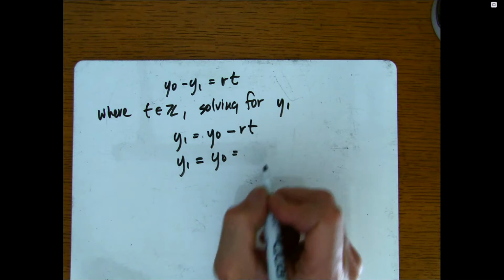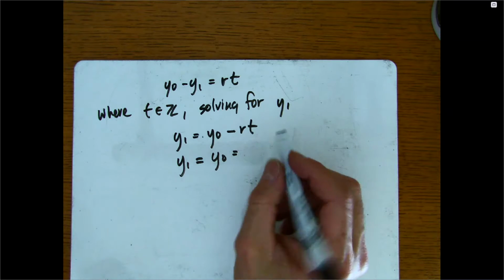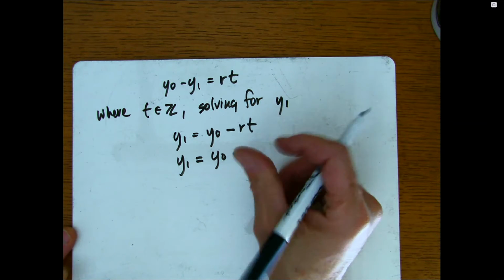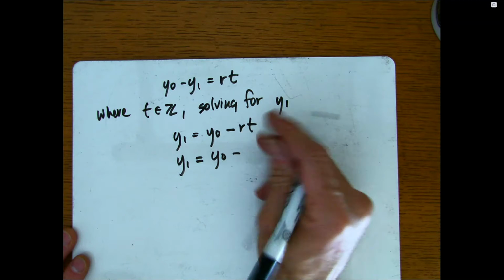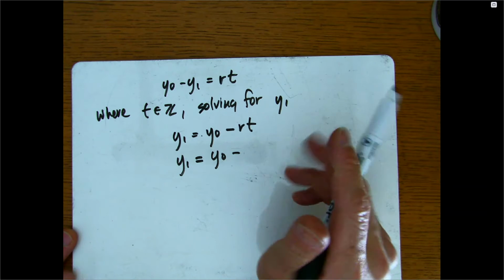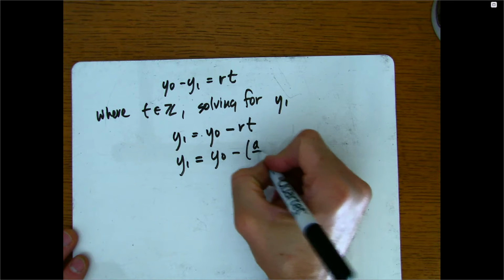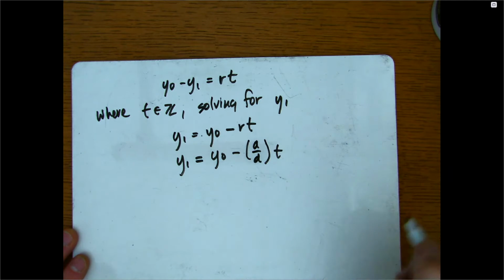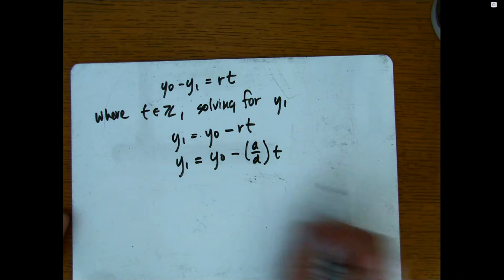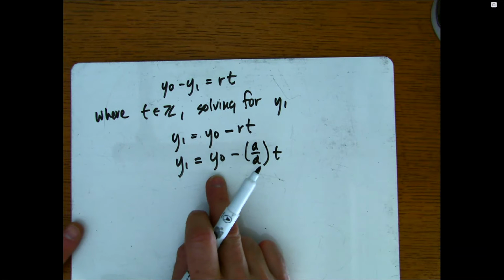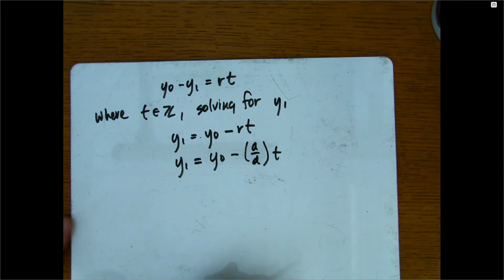If I come back here and think about what r is, a is equal to dr, so that means r is equal to a divided by d. And there's our first solution, sure enough. y1 has to be the original, or arbitrary, solution y0 minus a over d, quantity a over d times t.